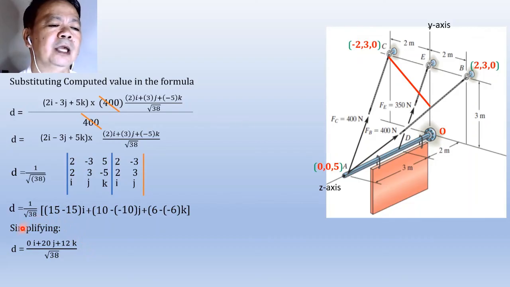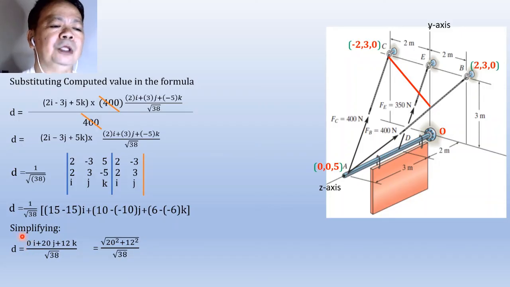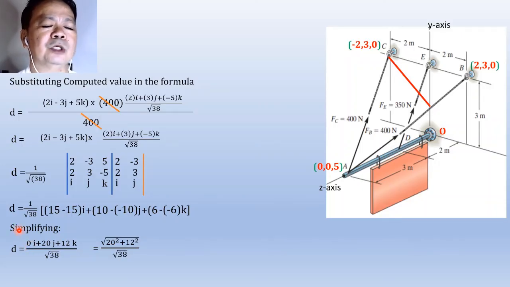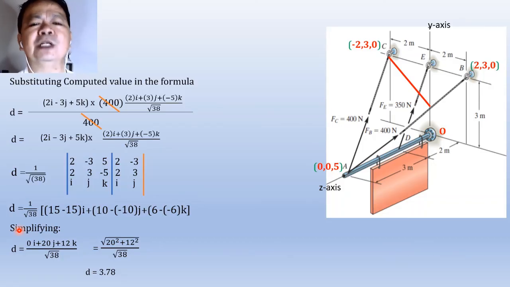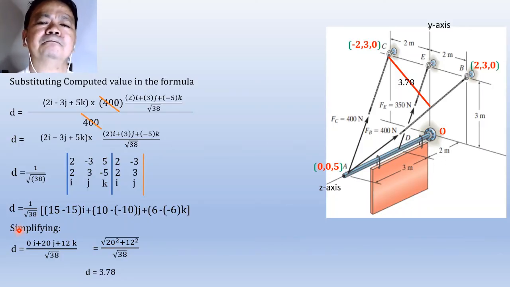The magnitude becomes the square root of 20 squared plus 12 squared, divided by the square root of 38. Simplifying, you will get a value of 3.78. And what is this 3.78? This is the shortest distance between C and the vector F that runs from A to B.